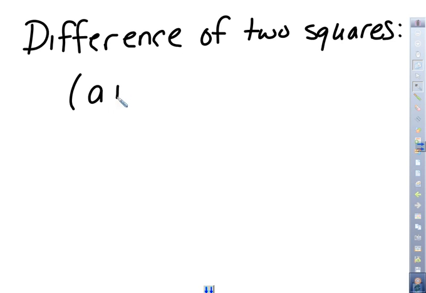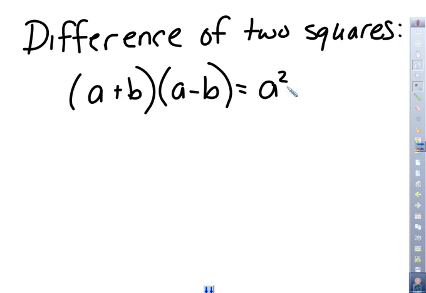If you have a plus b and you multiply it by a minus b, let's use FOIL and see what you get. When I multiply my front two terms together, what do you get? A squared. When you multiply your outside two terms, what do you get?